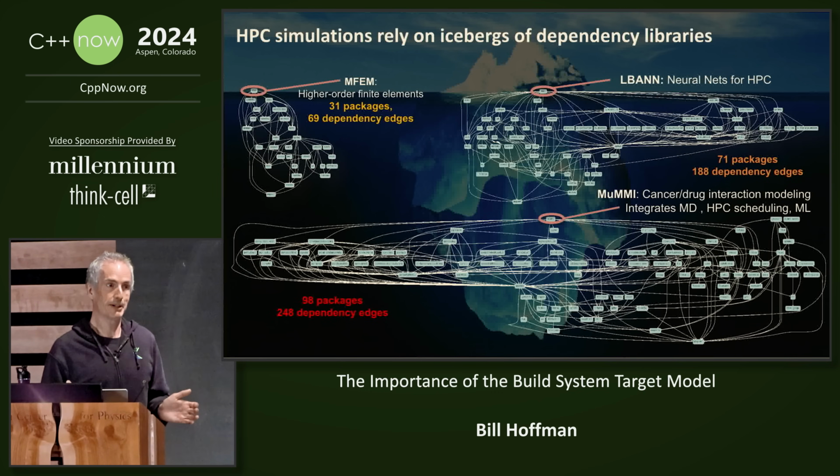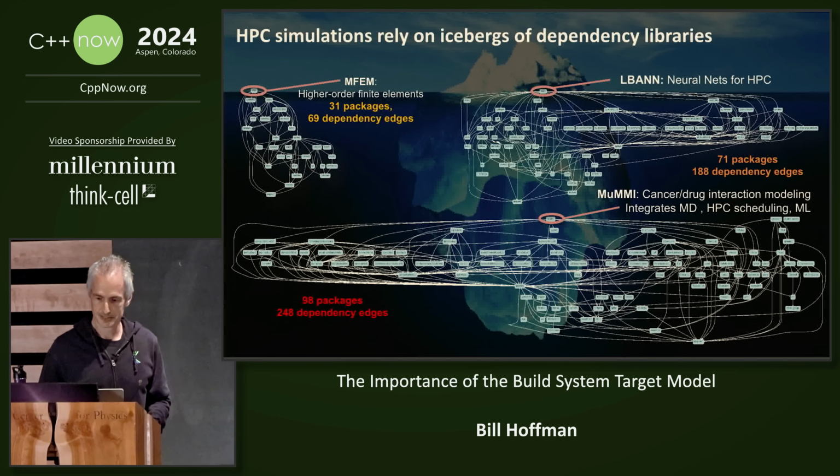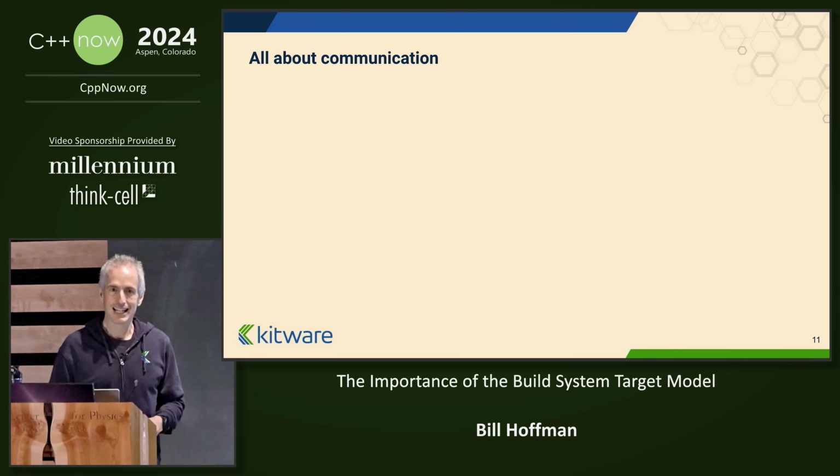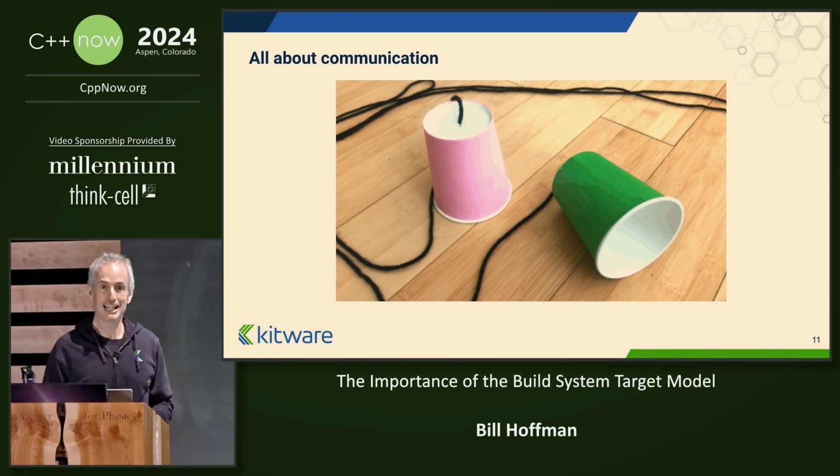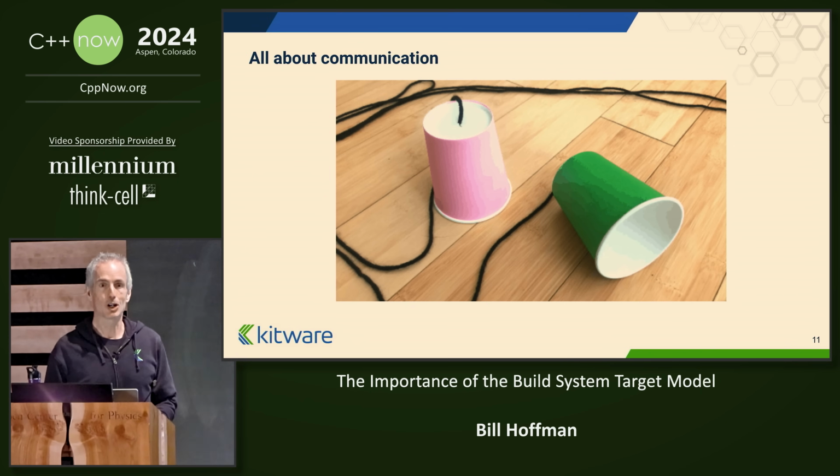So it's really all about that organization. And I would argue that it's about communication. And today, a lot of the communication sort of looks like this. Got some strings, some cups, and then lines of communication between the people writing libraries and the people consuming them are weak at best.